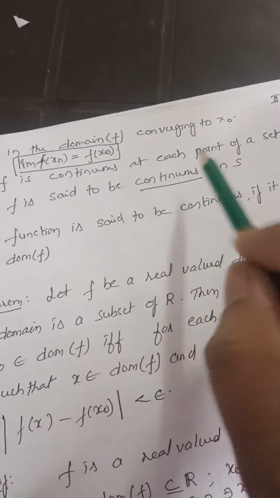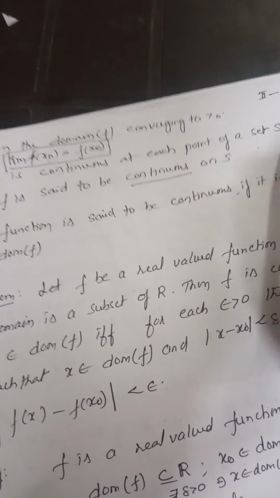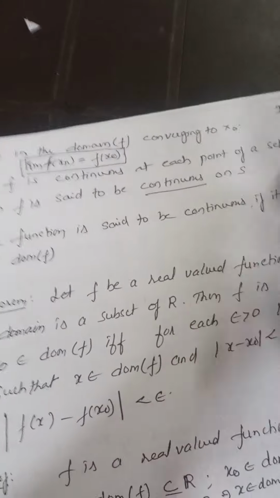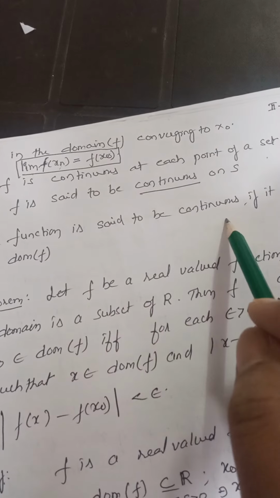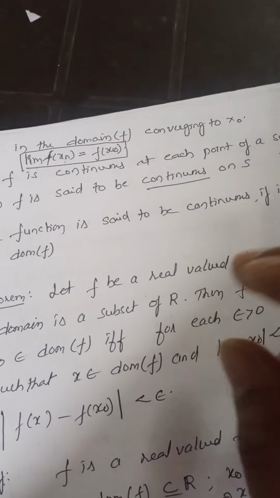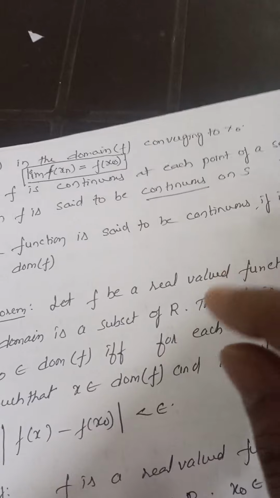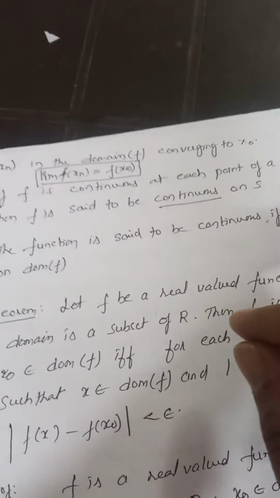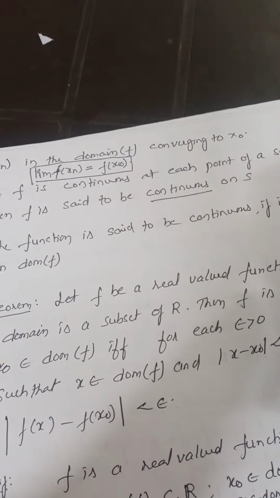That means the function is continuous on the entire domain. Sorry, if f is continuous at each point of a set S, that is a subset of the domain, then f is said to be continuous on the entire set. A function is said to be continuous if it is continuous on the entire domain, at each point of the domain. If it is continuous at a single point only, then we have to mention it very clearly: the function is continuous at x is equal to x naught.